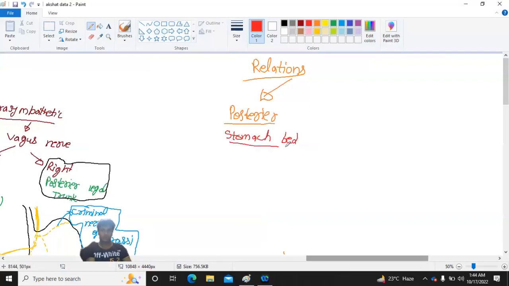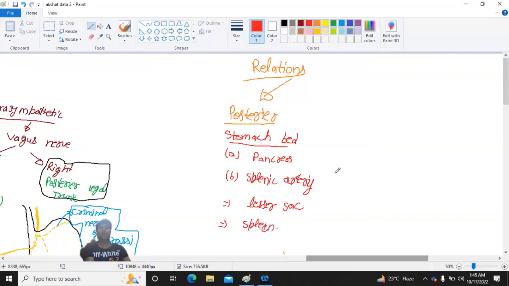It includes the pancreas body, splenic artery, lesser sac, spleen.